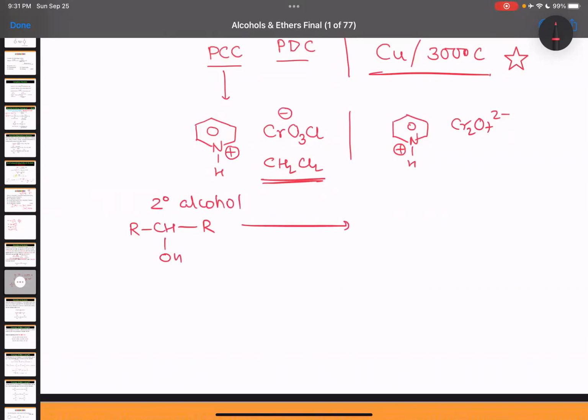If you oxidize it, we get a ketone. Why can't we get acids?